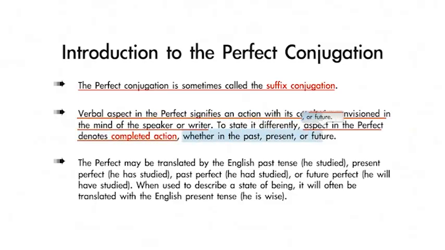With English, we think about verbs having tense, and tense being related to time, the past, the present, or the future. So we have a past tense verb in English, he kicked, a present tense verb in English, he kicks, and a future tense verb in English, he will kick.